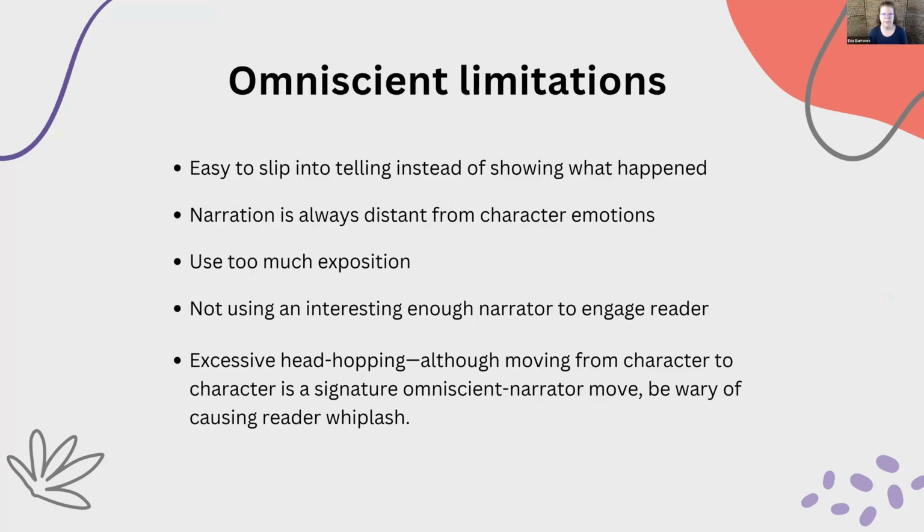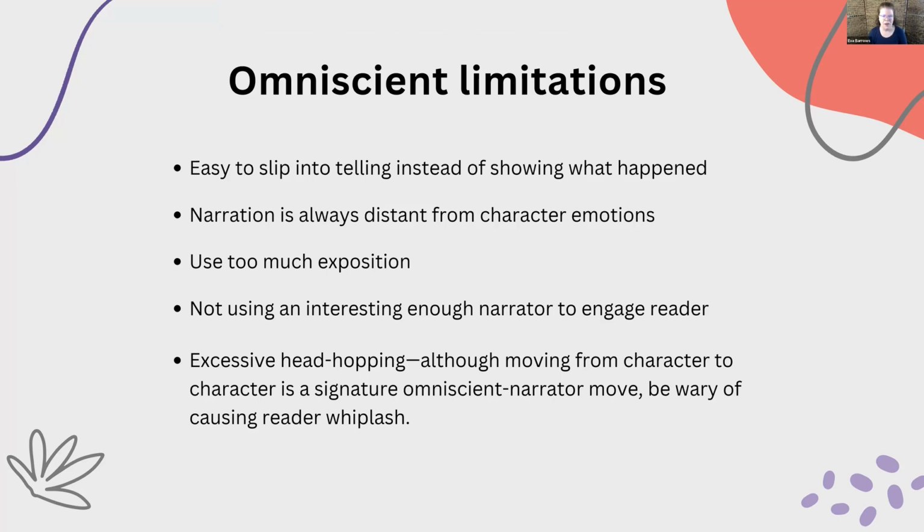So there are some limitations when you're using omniscient point of view. It's easy to slip into telling instead of showing what happened. The narration is always distant from the character emotions. There's a danger that you might use too much exposition, which you can go back and edit later.